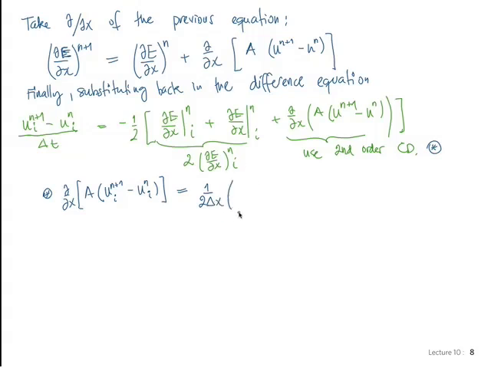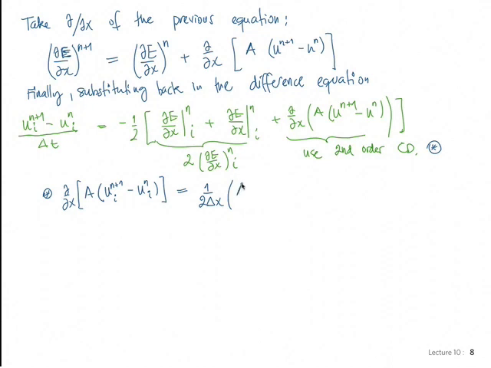We're going to apply this to the first product and then to the second product. The first one has u at n plus 1, and the second one is going to have u at n. We're also going to consider A at time n.